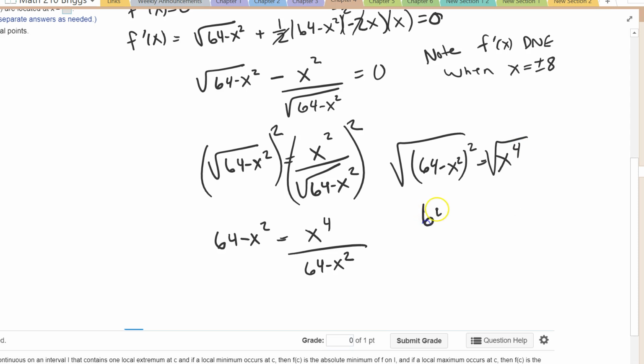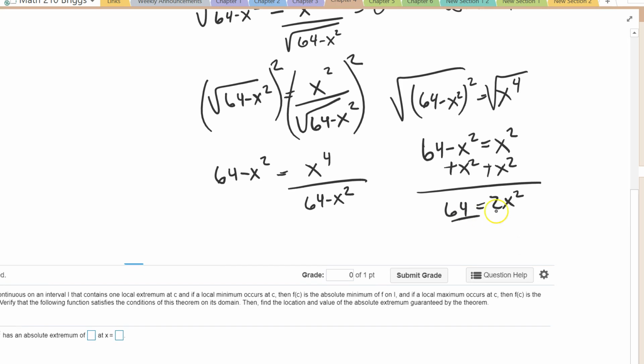So I have 64 minus x squared equals x squared. I add x squared to both sides. I'm left with 64 equals 2x squared. I divide both sides by 2. I have x squared equals 32, which would give me x equals plus or minus 4 square root of 2. So that's going to be my critical points.